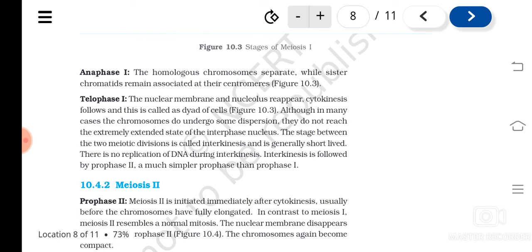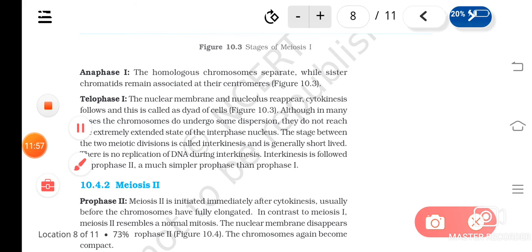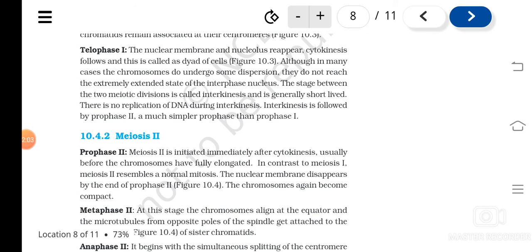The stage between meiosis 1 and meiosis 2 is known as interkinesis, and it is not followed by DNA replication, as in the case of interphase.